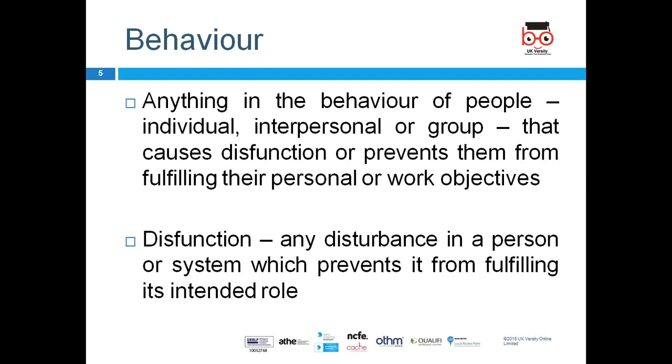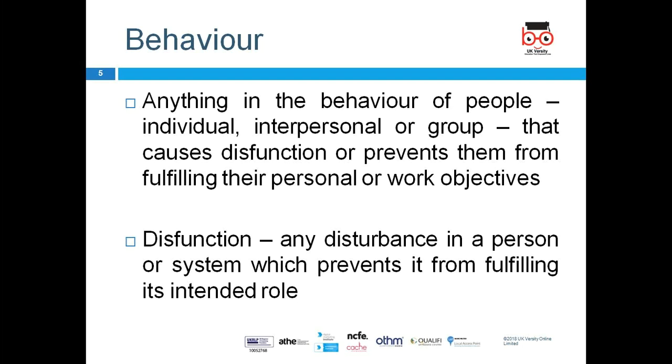So what comes under behavior? Anything in the behavior of people, individual, interpersonal or group, that causes dysfunction, or prevents them from fulfilling their personal or work objectives. So we need to look at this. We help them keep their behavior right, and that will help to achieve the organization objective as well as the individual objective.